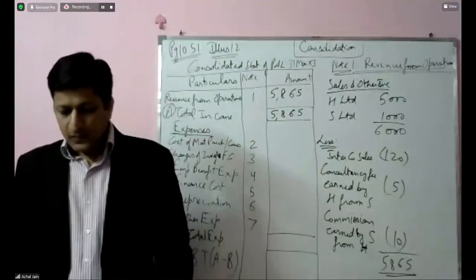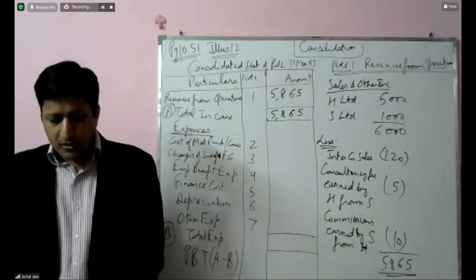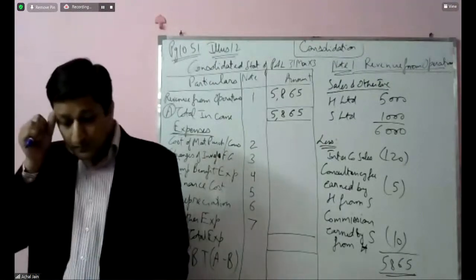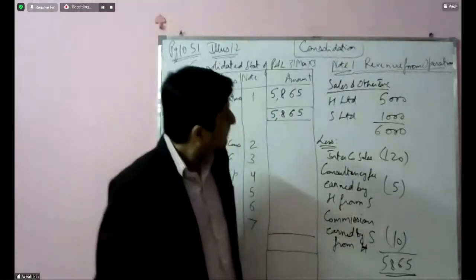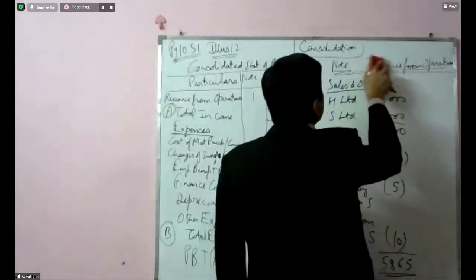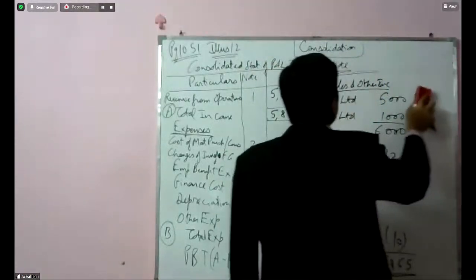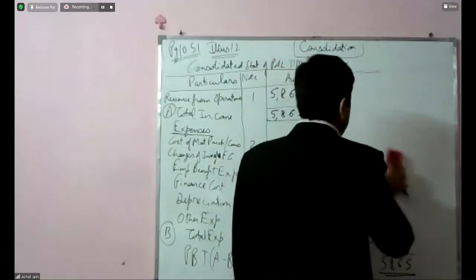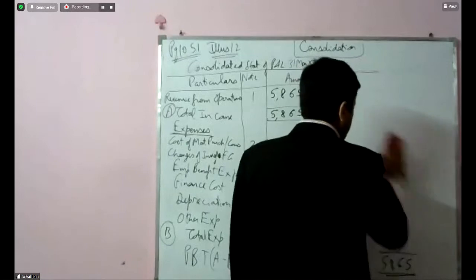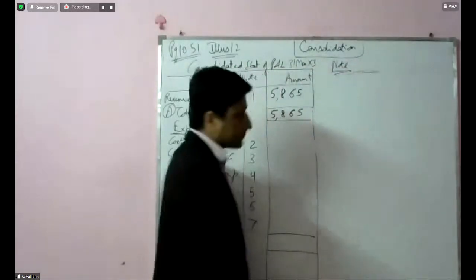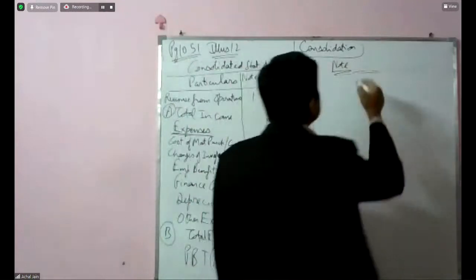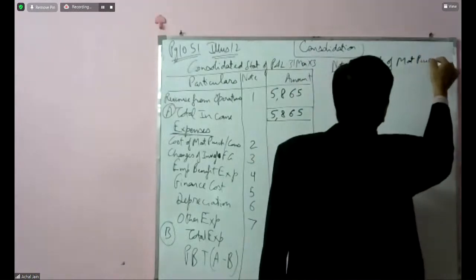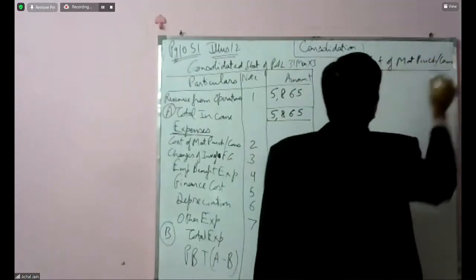Moving further, on to the next component, cost of material purchased or consumed. So note number 2, cost of material purchased or consumed.